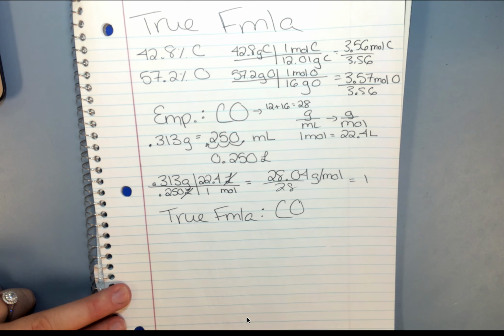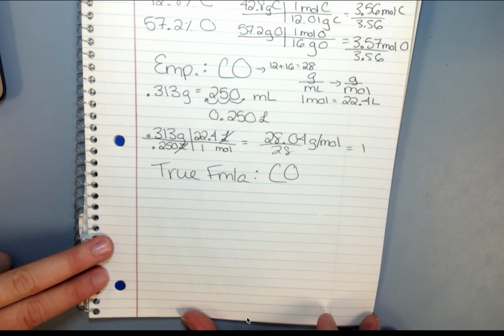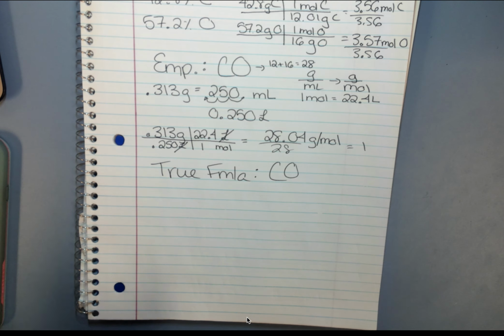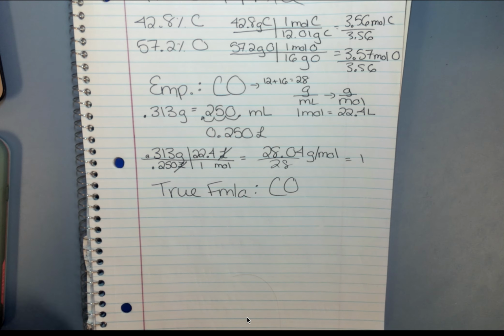So now I'm going to go a little bit away from this problem. I'm going to say, what if instead it told you the actual mass, so we have the same data. We're starting with 42.8% carbon and 57.2% oxygen.